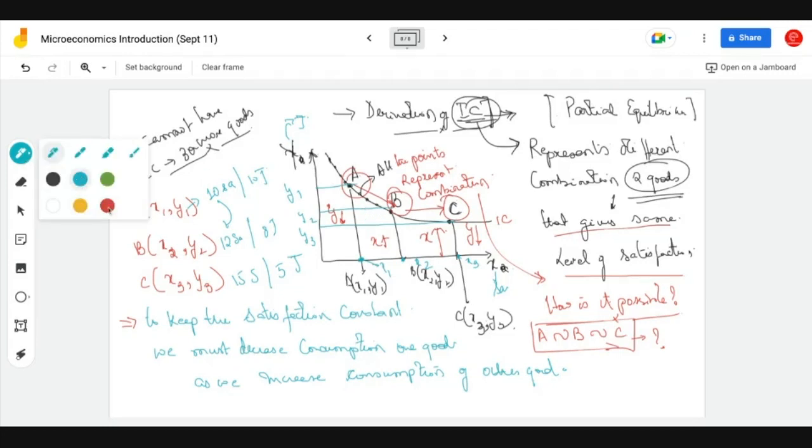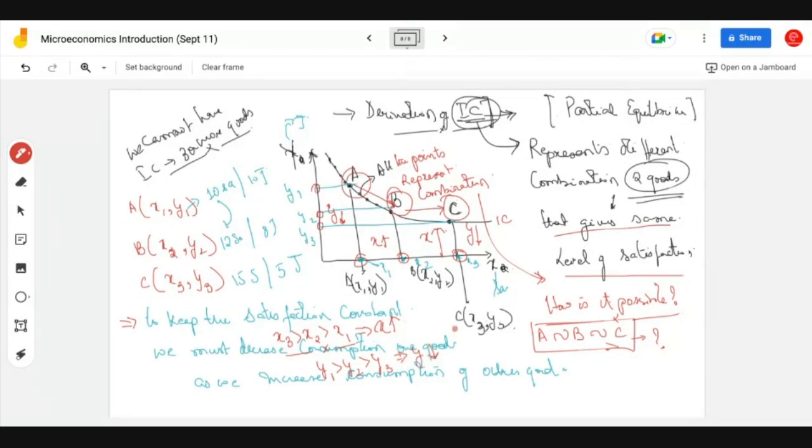So what we can see over here is that if we compare all these three points, X3 is greater than X2, greater than X1. This means from A to C, our X is increasing. Similarly, if we compare the consumption points of Y, Y1 is greater than Y2 is greater than Y3. Therefore, what does this mean? Consumption of Y is decreasing.